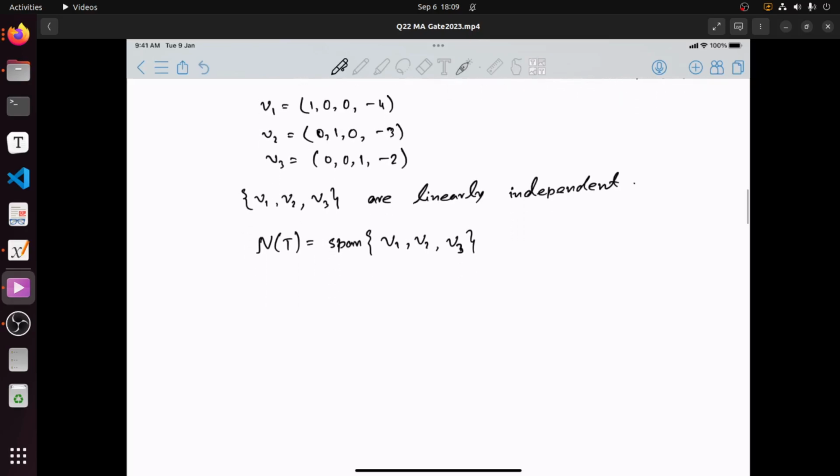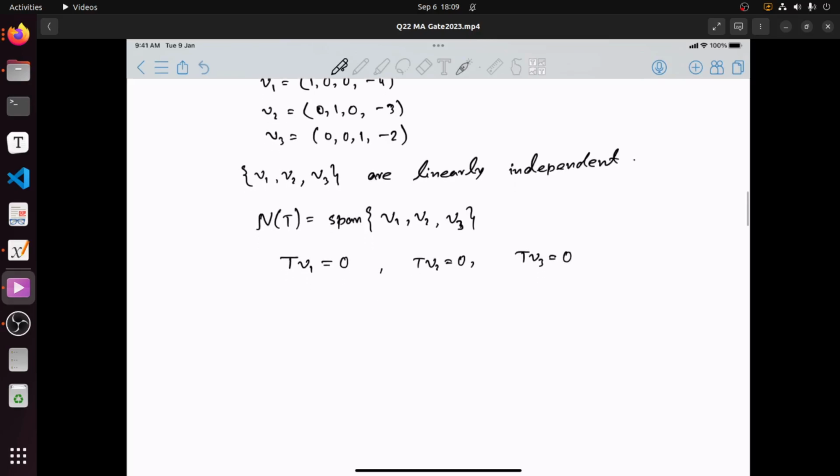What is the meaning of these being in the null space? By definition, it means that Tv1 is 0, Tv2 is also 0, and Tv3 is also 0, right? So you can write Tv1 as 0 into v1, Tv2 as 0 into v2, and Tv3 as 0 into v3.